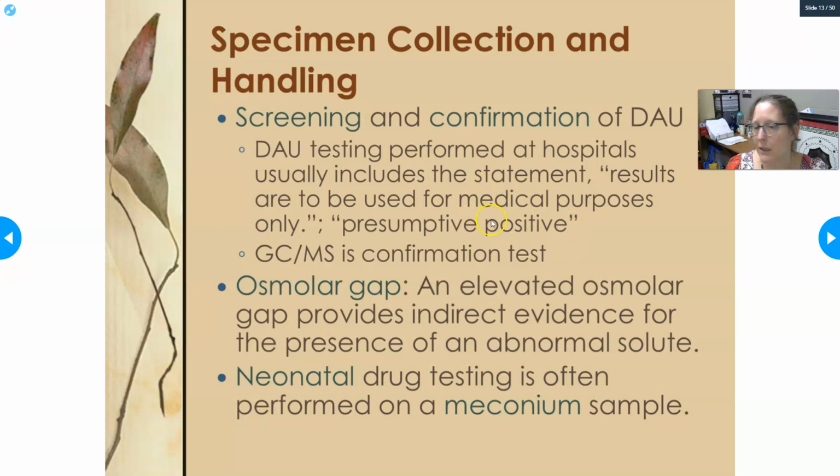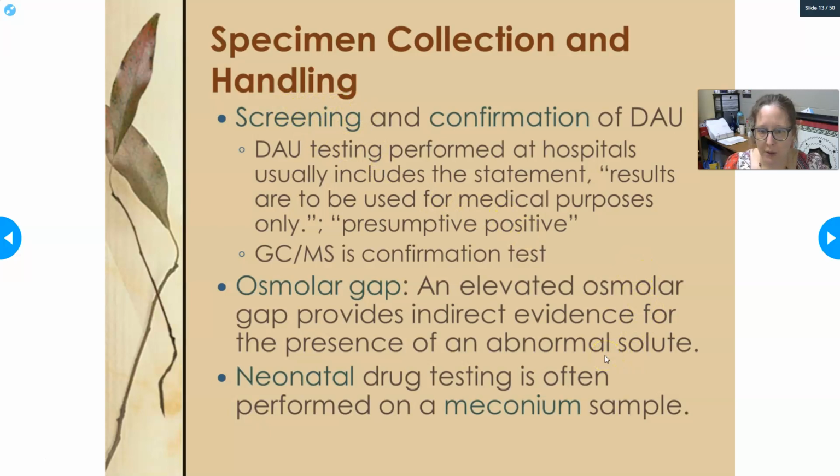If something needs to be confirmed for legal purposes or whatever, they can do a GCMS, gas chromatography mass spectrometry, confirmation test, and those are accurate. They're not subject to interferences like the screening test. Part of it is because the screening tests use immunoassays.